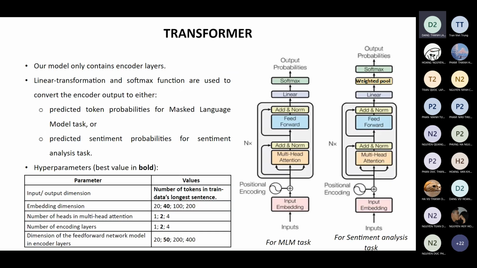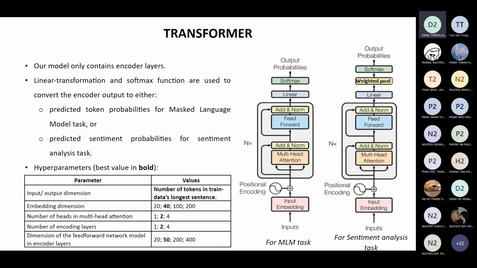Since our task is sentiment analysis, our model only contains encoder layers. Also, the linear transformation and softmax functions are used to convert the encoder output to the final output. The table at the bottom of the slide shows the hyperparameters that we have tuned.